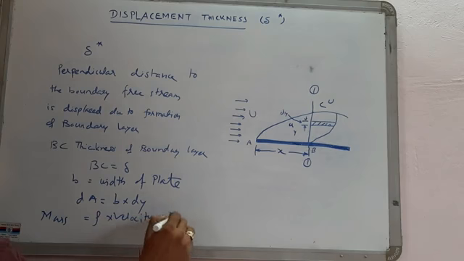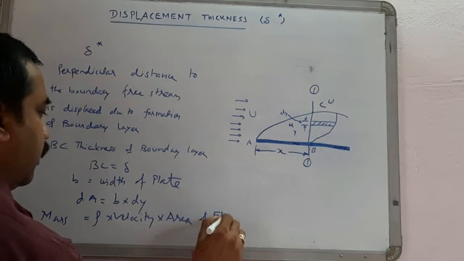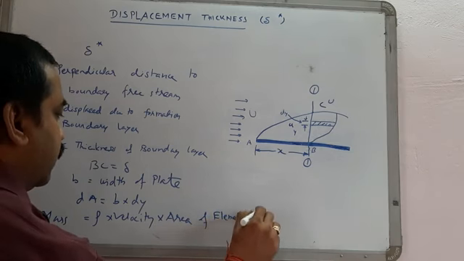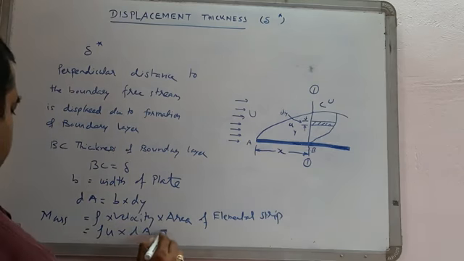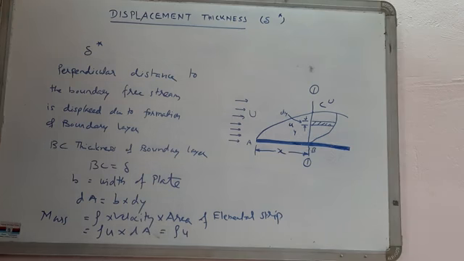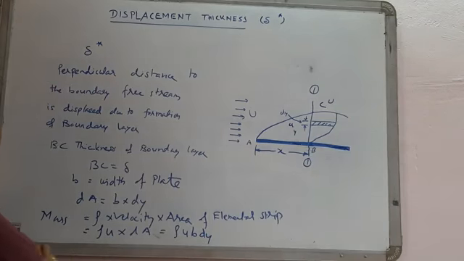The mass of fluid per second flowing through the elemental strip is equal to rho into velocity into area of the elemental strip, that is rho u dA, equal to rho u b dy. This is equation 1.